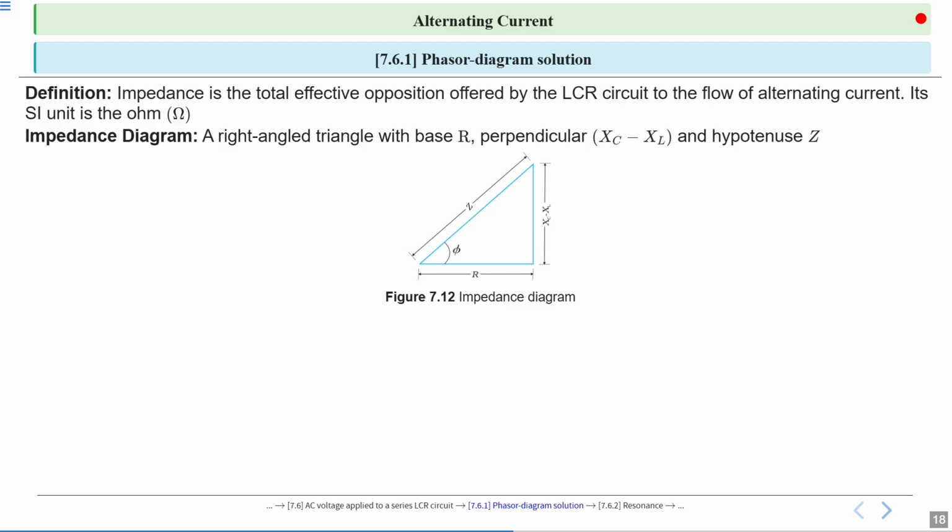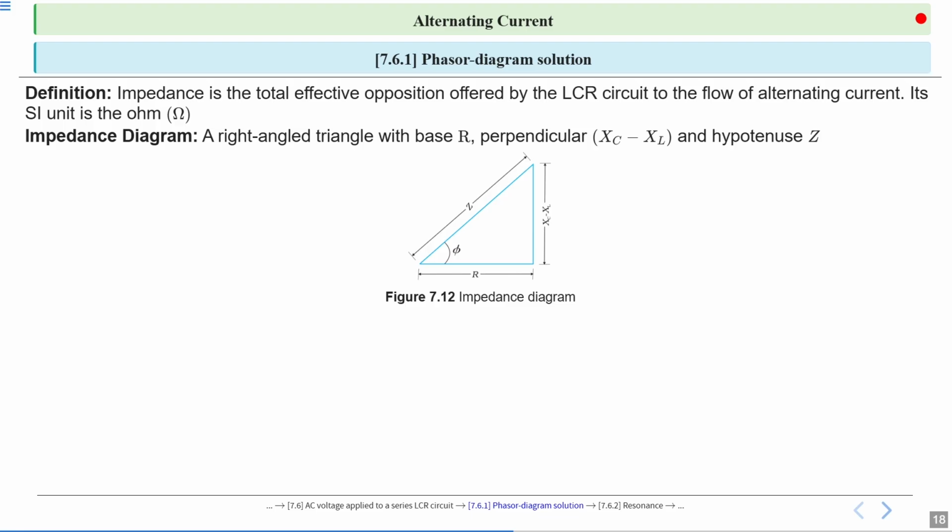Current is represented along the x-axis, so VR is represented along the x-axis. XC minus XL is represented in the perpendicular direction, because the phase difference between current and XC minus XL is pi by 2.